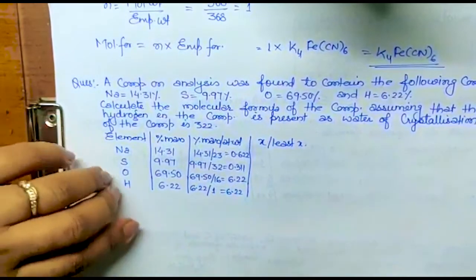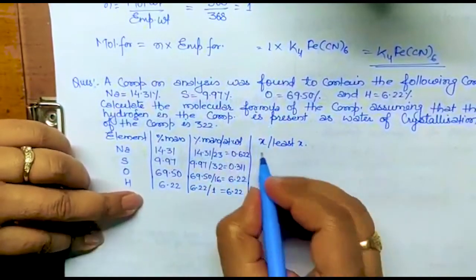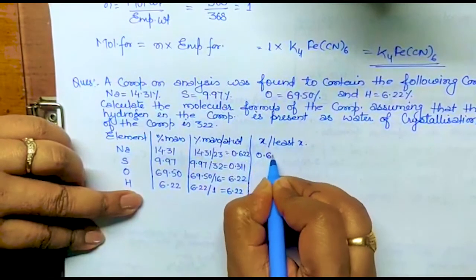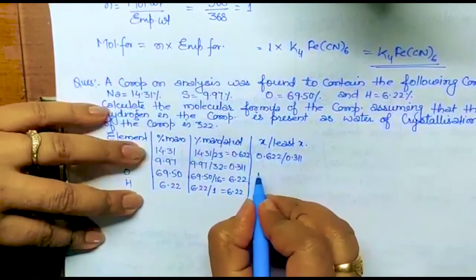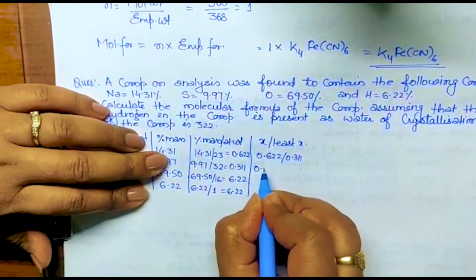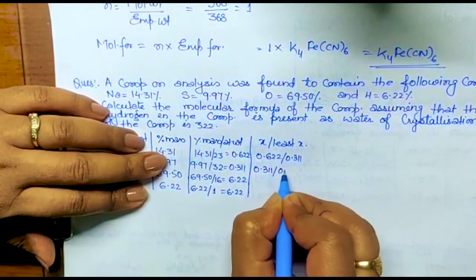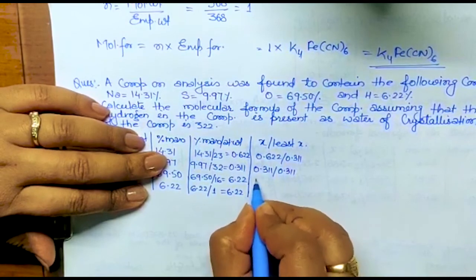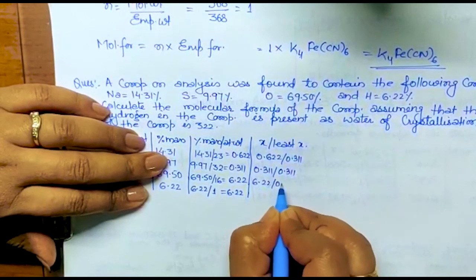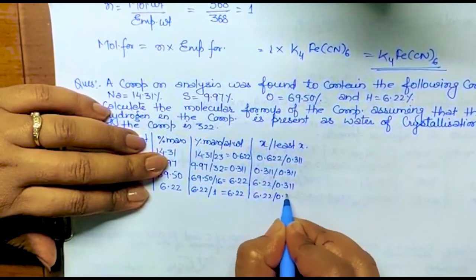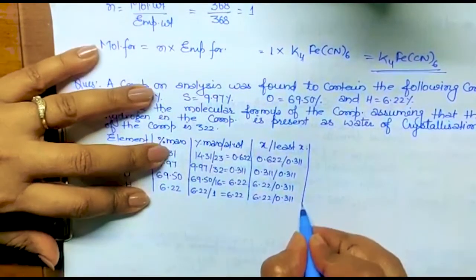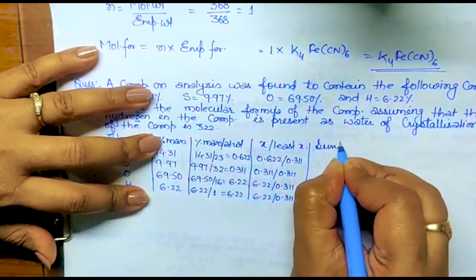Okay, so which one is least? This one. So let's divide everyone by this. Yes, everything. And this is 0.311 divided by 0.311, and here 6.22 divided by 0.311 and 6.22 divided by 0.311. So what will be the simple ratio?